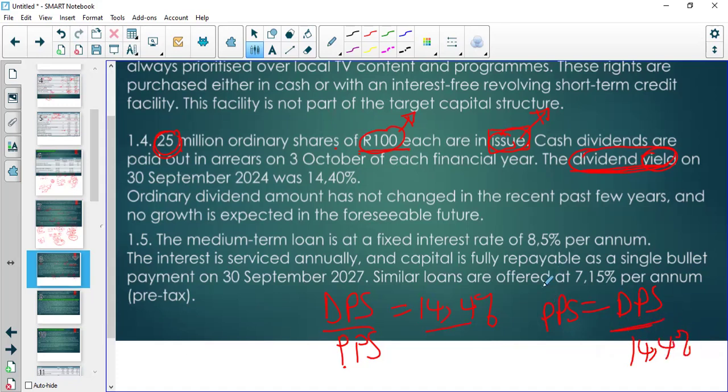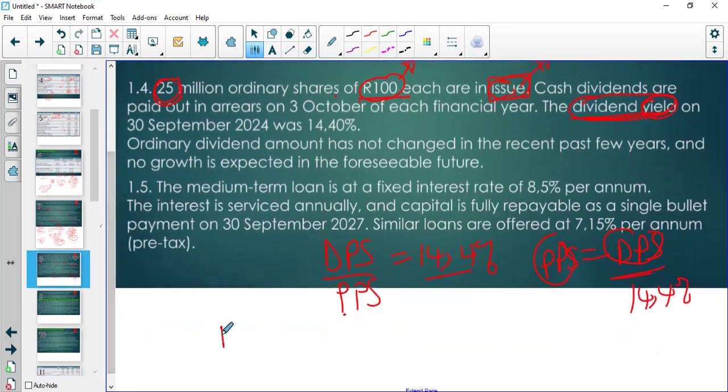If you want the market value of all the shares, it's going to be the total dividend, not dividend per share, divided by the dividend yield.